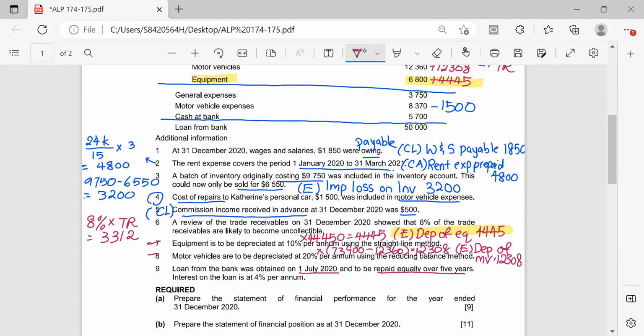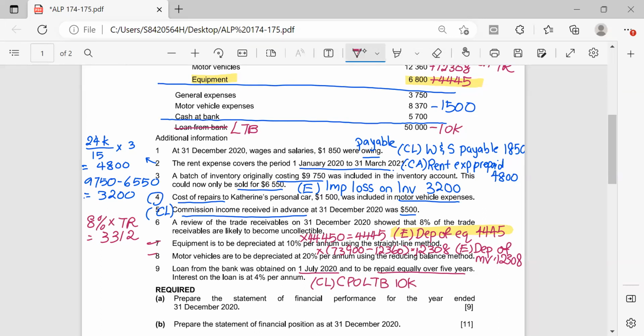So this loan from bank, you should have canceled it and put it as LTB, long-term borrowing. But you take out 1/5, so you take out 10,000, and this 10,000 you park it under your CL as your current portion of long-term borrowing, 10,000. So this is the first part.